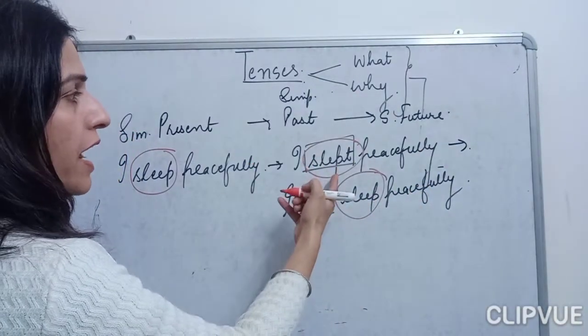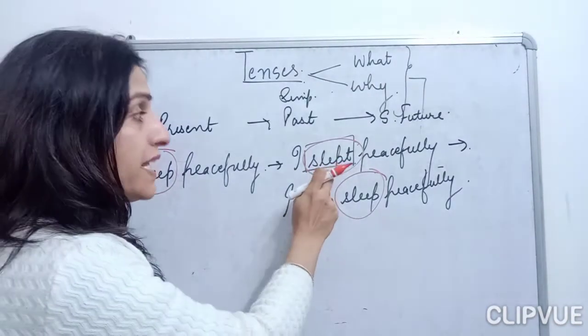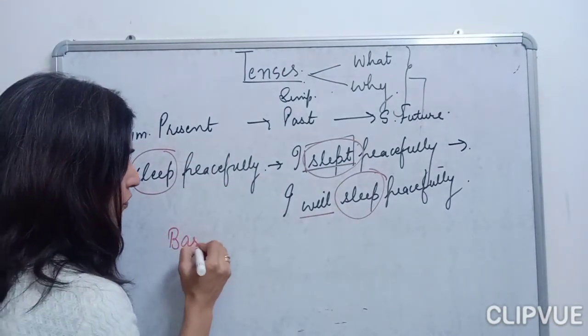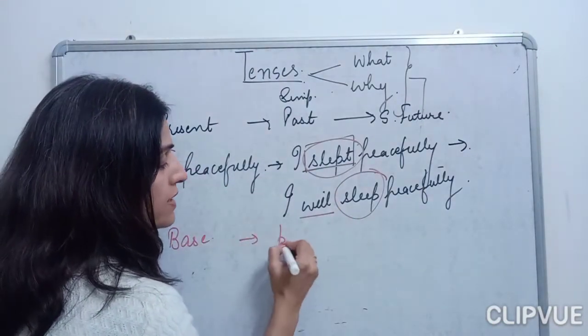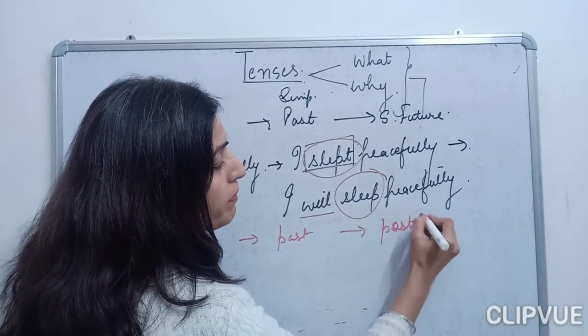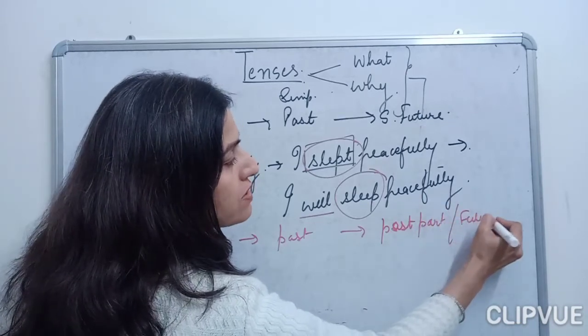Here in the past, I have used the second form of the verb. You remember we have done the base form, the past form and the past participle. And also we have done the future one, children.